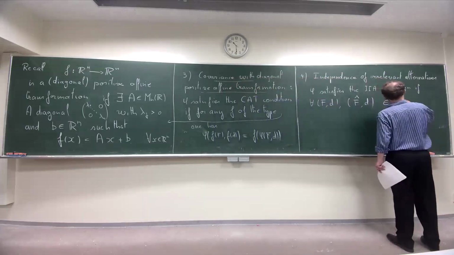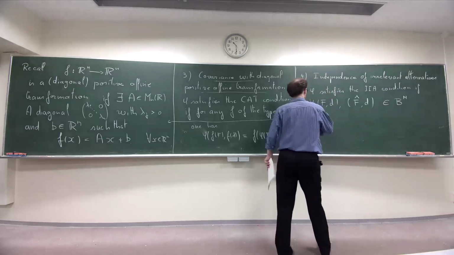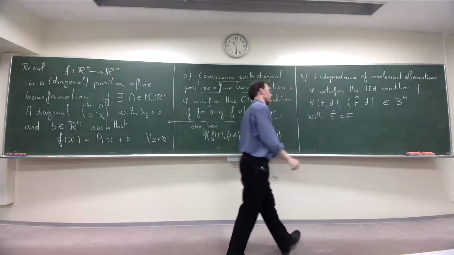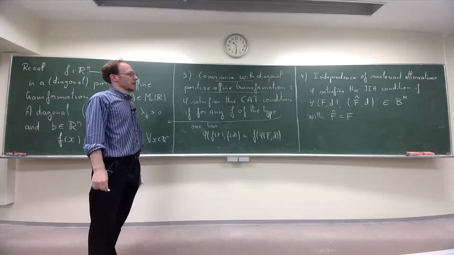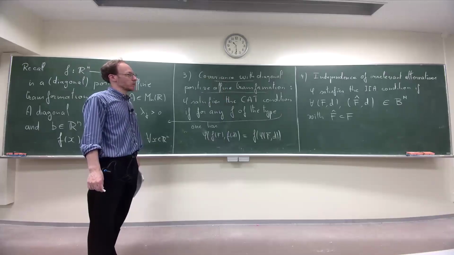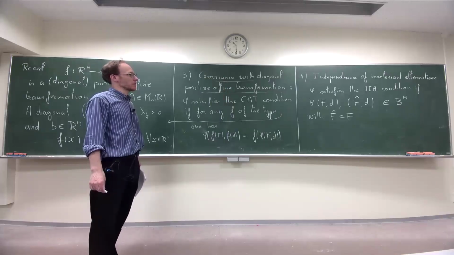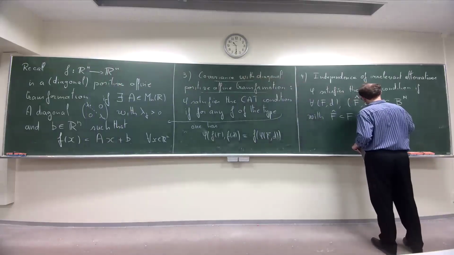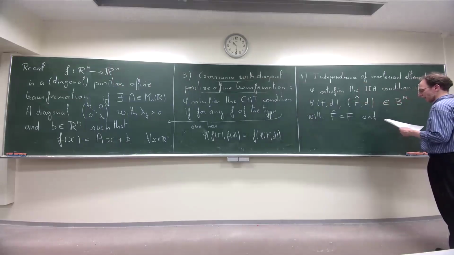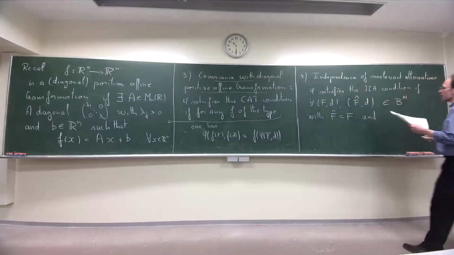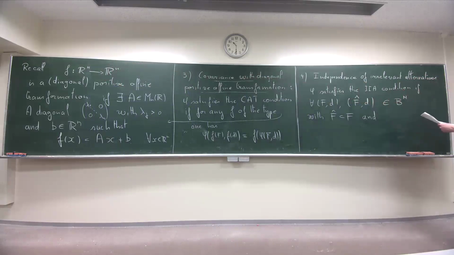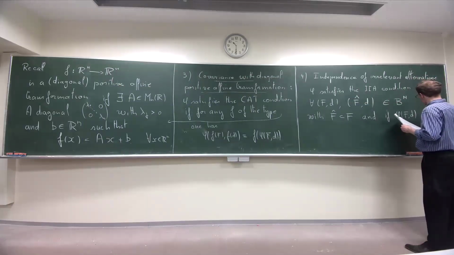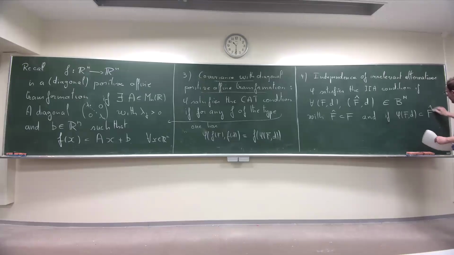Both are bargaining games, so they both belong to Bn, and we assume that F hat is a subset of F. So we have 2 bargaining problems on the same disagreement point, but F hat is inside F. And we assume, of course, some compatibility between these two, so that if for any game satisfying this, and if phi of (F, d) is inside, so this is a condition.